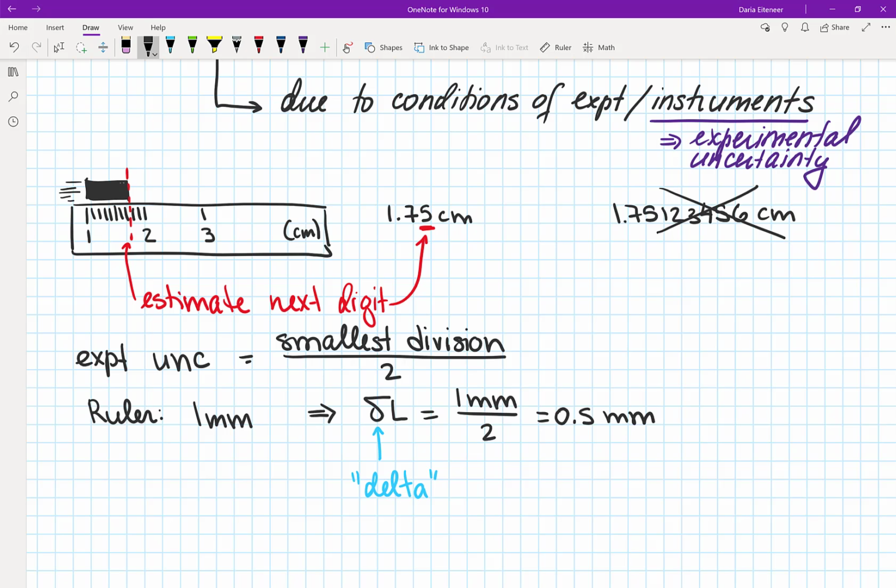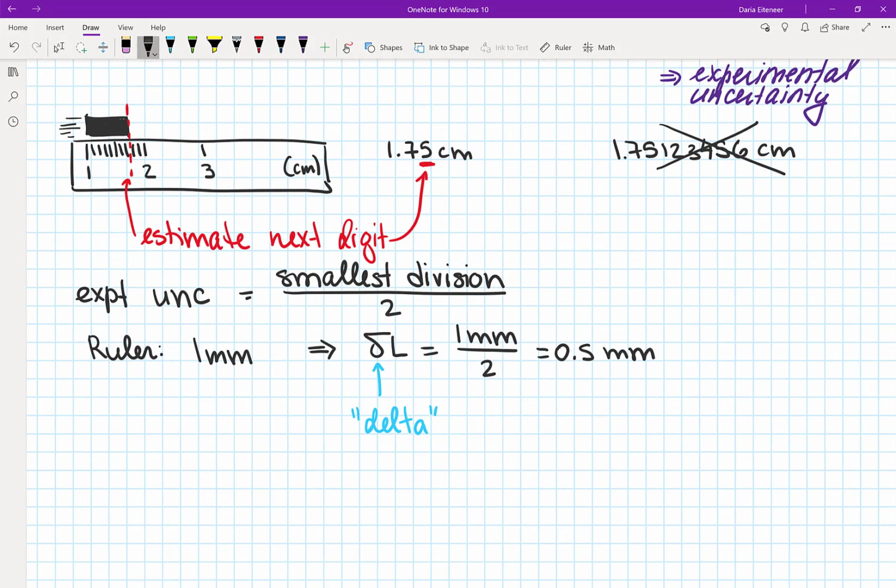Now I mentioned digital instruments, so let me just do it over here on the side. Obviously I'm not going to be dealing with digital rulers, although there is such a thing. They're called digital calipers, but let's not worry about that right now.